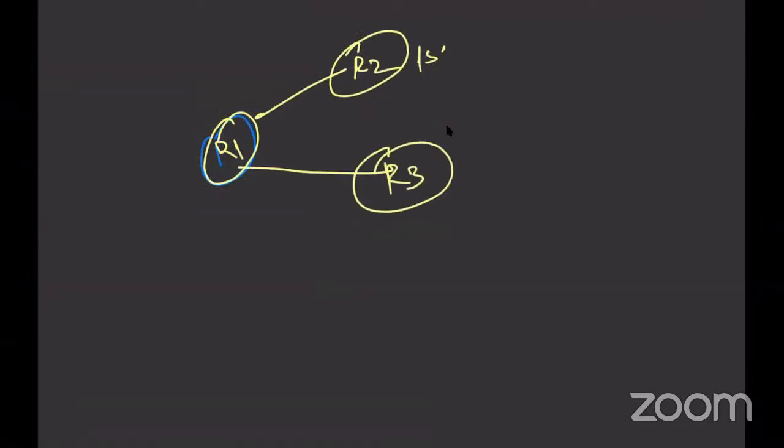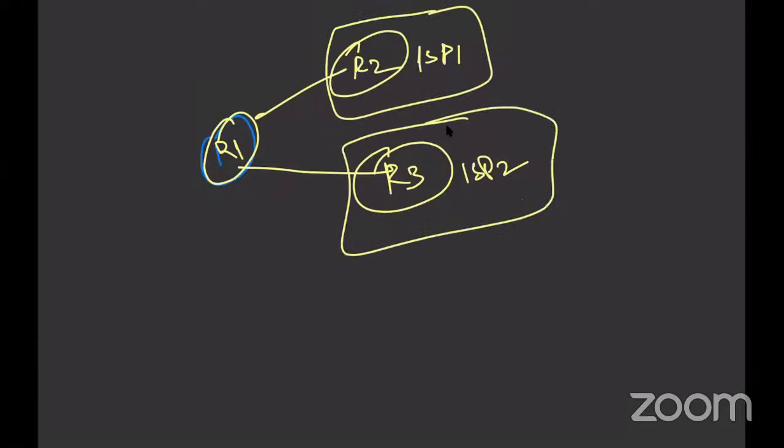R2 and R3 are different ISPs, and I don't have access to the ISP routers. For the incoming traffic, both are coming from different ASes. How do I manipulate this on R1? So this is for your incoming data, right?